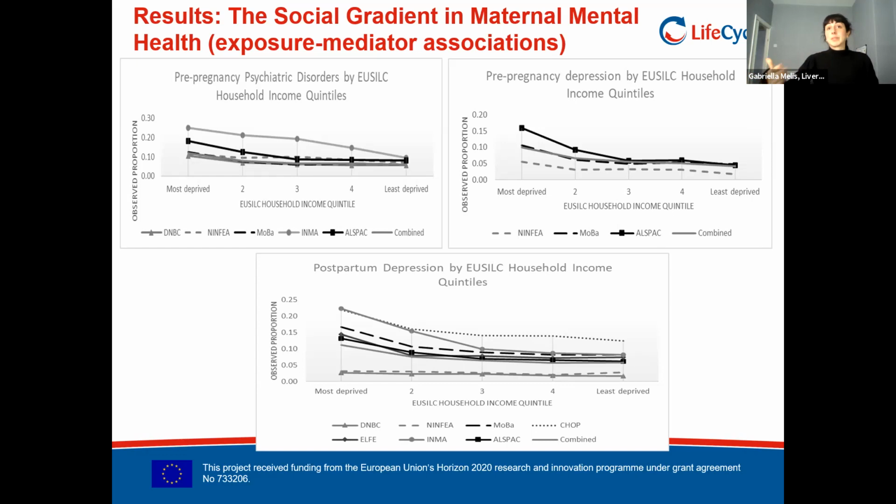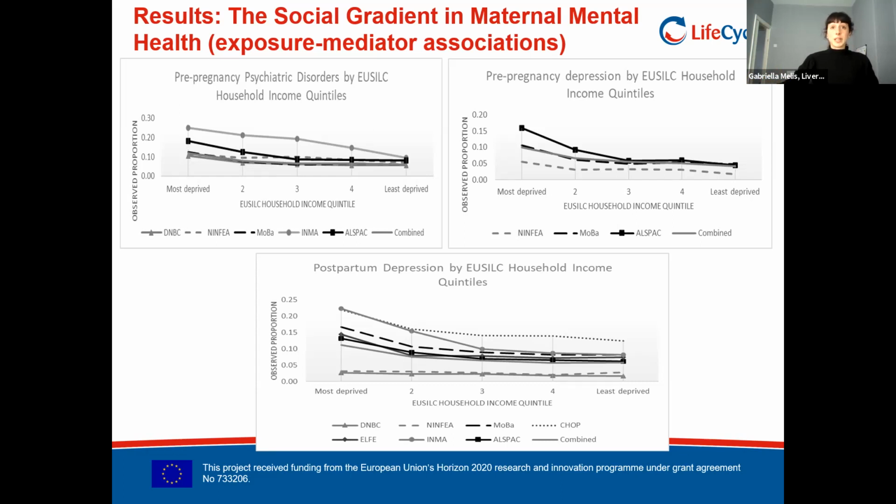Further analysis will be carried out using maternal and paternal education. Not all the maternal mental health variables are available across all the studies. Therefore, you can also see the reduced number of studies in some of these graphs.